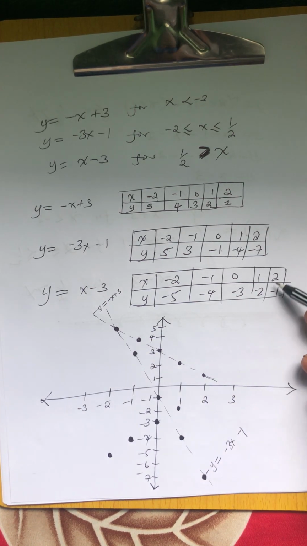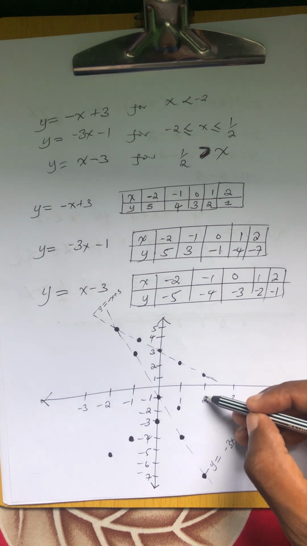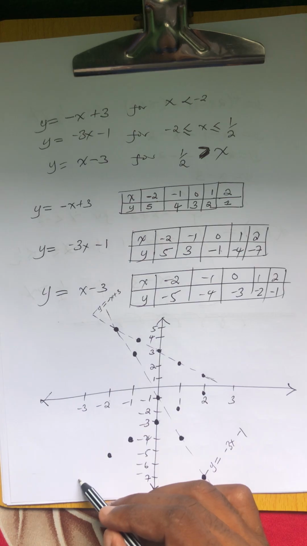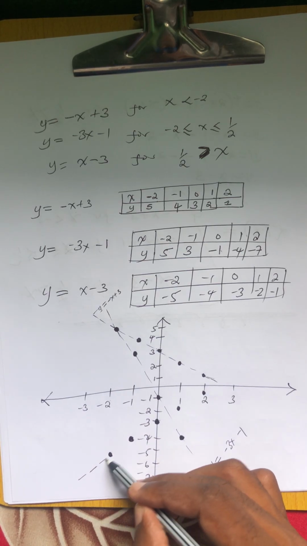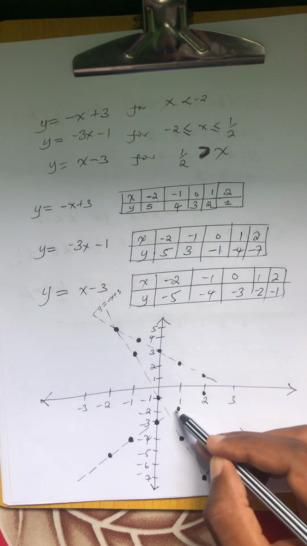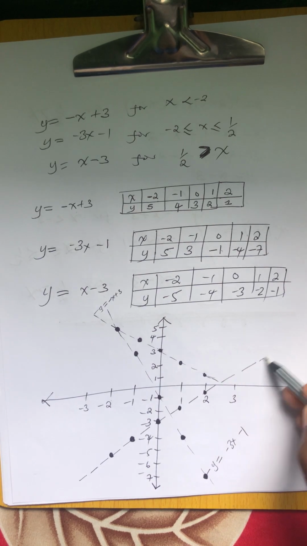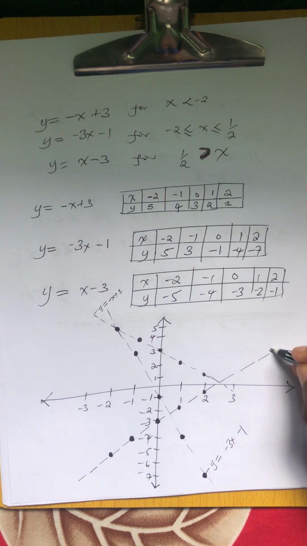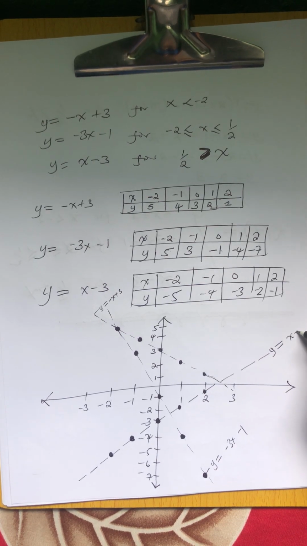Then we have 2, negative 1. 2, negative 1, it's here. Beautiful. Okay. Then there we sketch like that. So this one will just pass like that. Okay. Then y is equal to x minus 3.